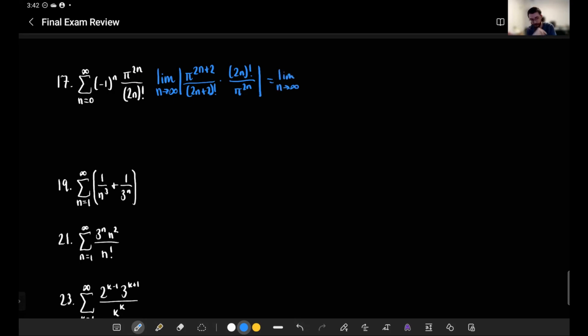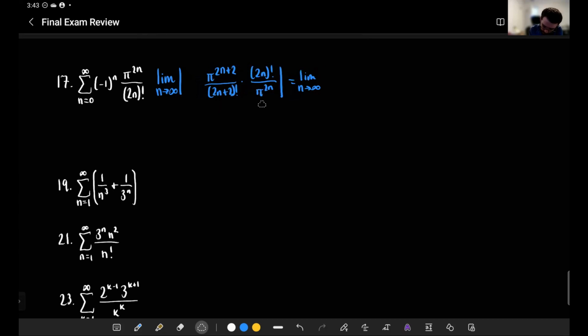The absolute value bars are going to make no difference here because everything, well, I mean, they are making a difference. I guess I should have been a little careful here. When I wrote this out, oops, don't forget about the -1.